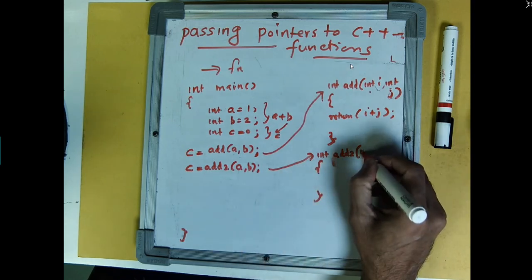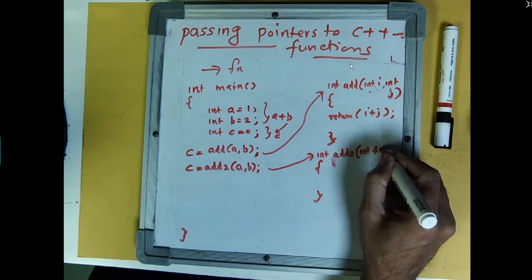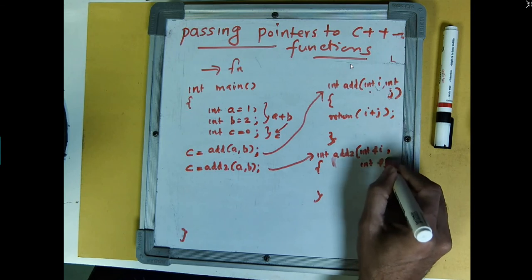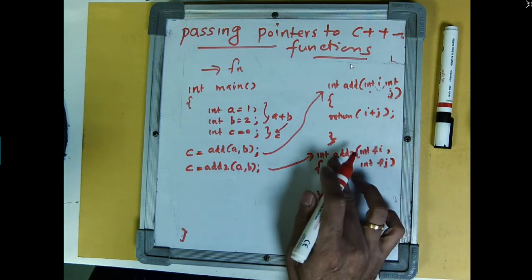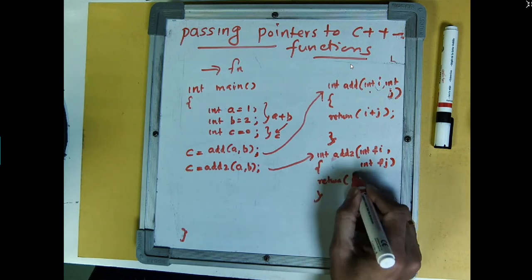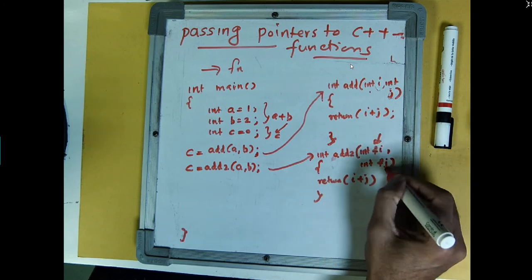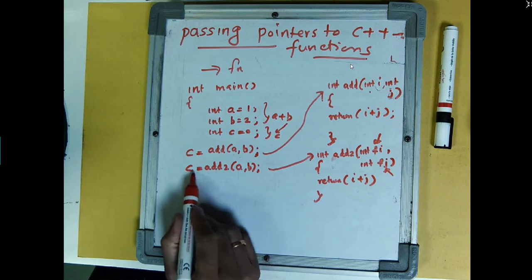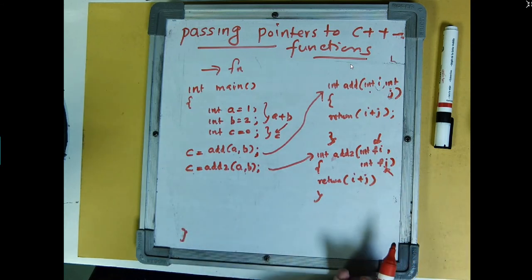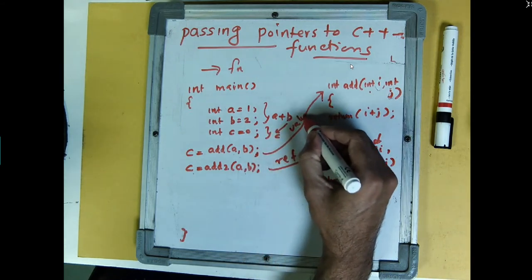That means I say int ampersand i, comma int ampersand j. Now I can simply say return i plus j. Though you are passing the references, the way you call is similar. So this is called passing by reference. This was called passing by value.